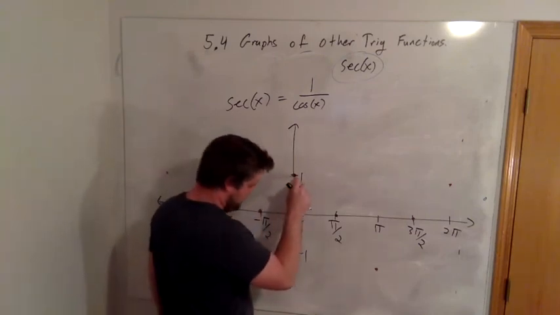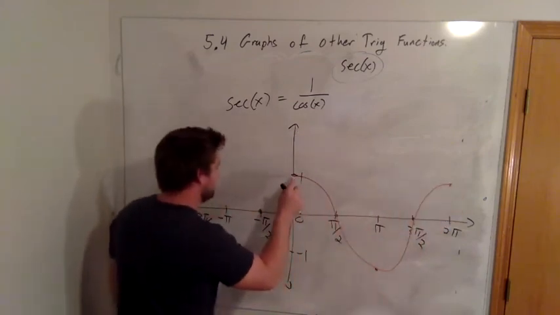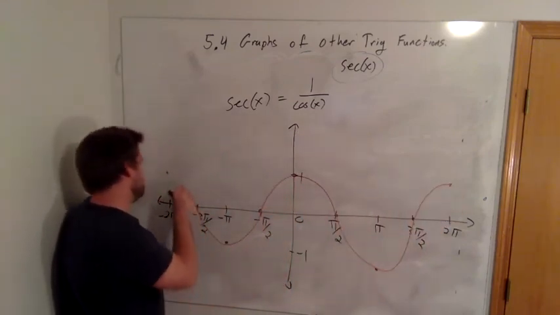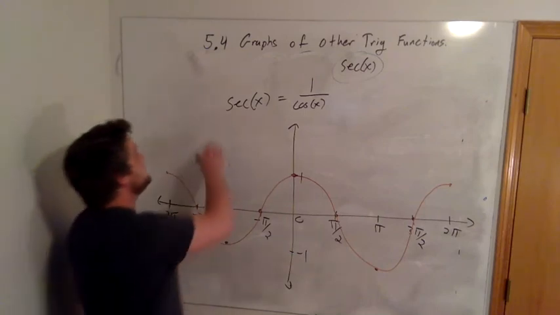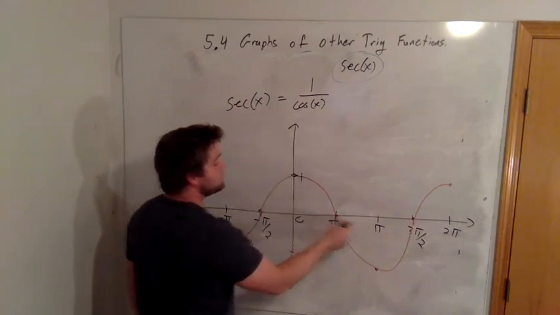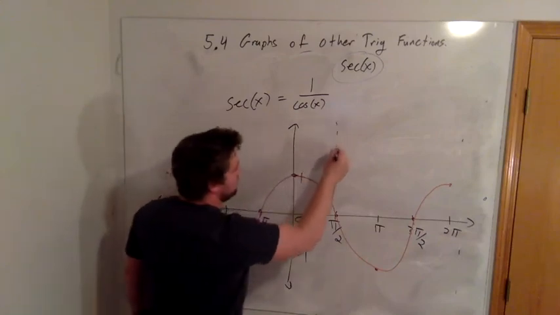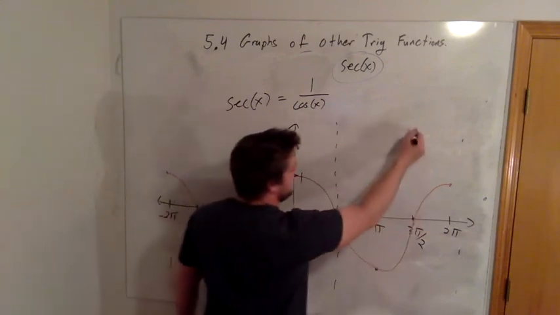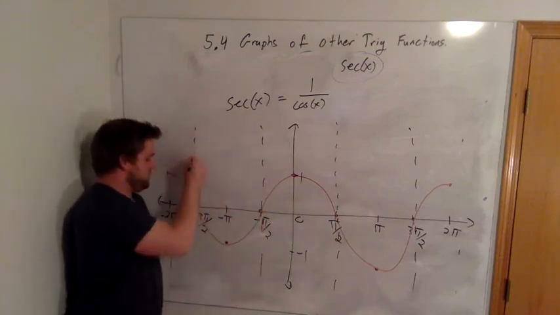Because I'm drawing 2 periods of cosine, it looks like this. Secant is undefined when cosine of x is 0. So all the x-intercepts of cosine will turn into the vertical asymptotes of secant. So I'll have a vertical asymptote here, here, here, and here.